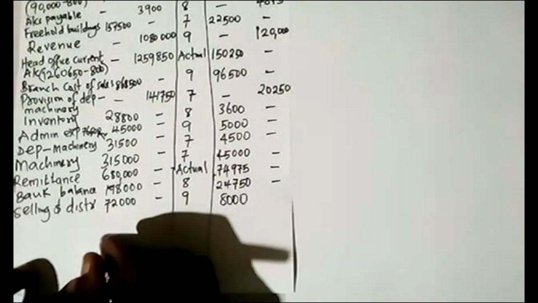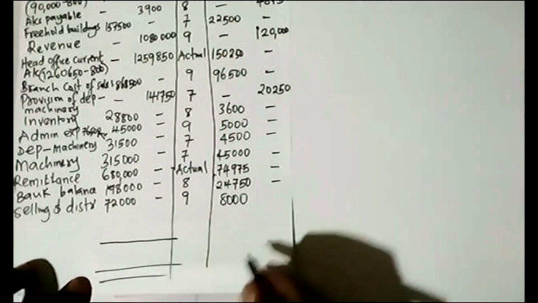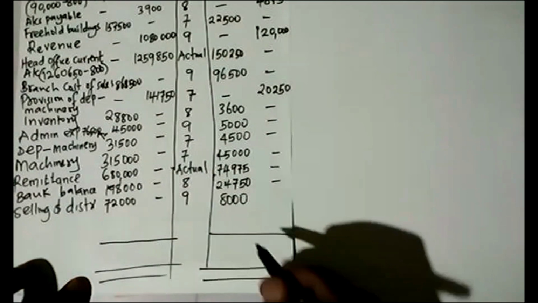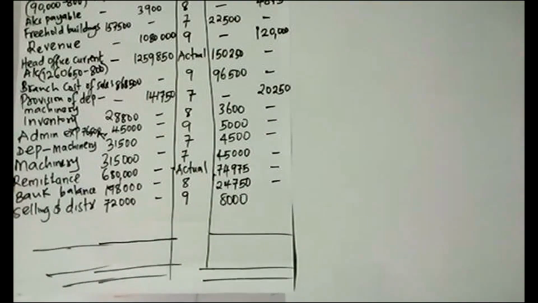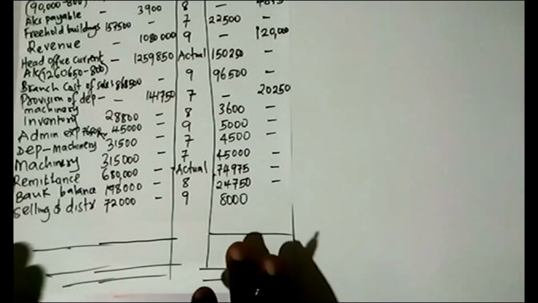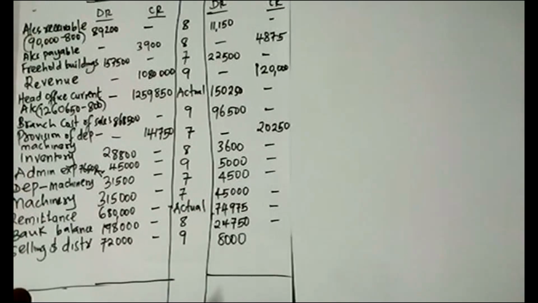So that is fine. Now we can check if our trial balance is balancing. If I start with the adjusted one, I take 89,200 plus 157,500 plus 868,500 plus 28,800 plus 45,000 plus 31,500, 315,000, we have 680,000, 198,000, 72,000.